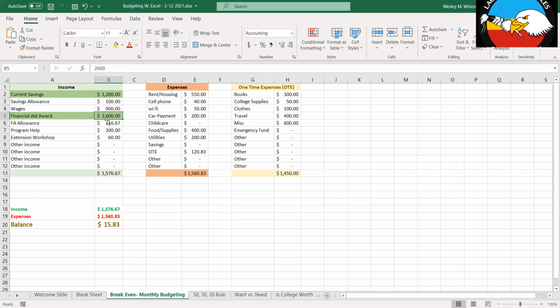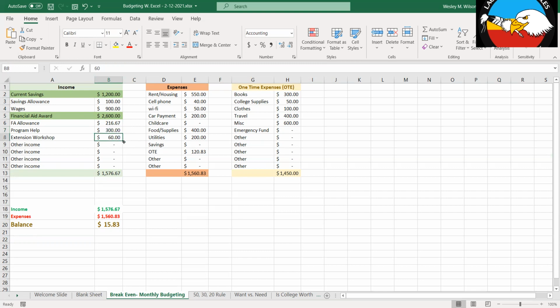This financial aid refund divided by 12 equals the amount of monthly income that will produce for you throughout the year. Program help would be something like reaching out to financial assistance or energy assistance, something that will come in to help compensate some of your expenses here.